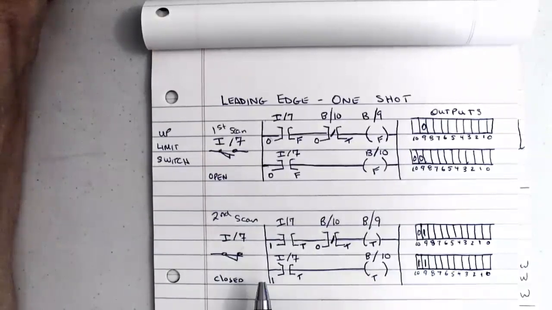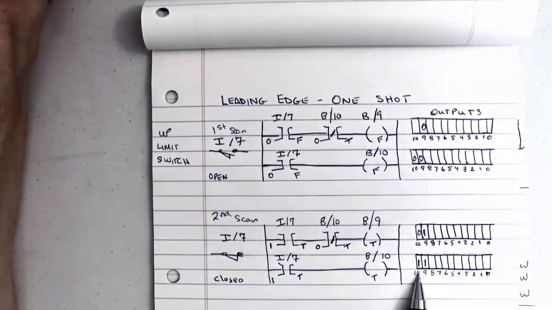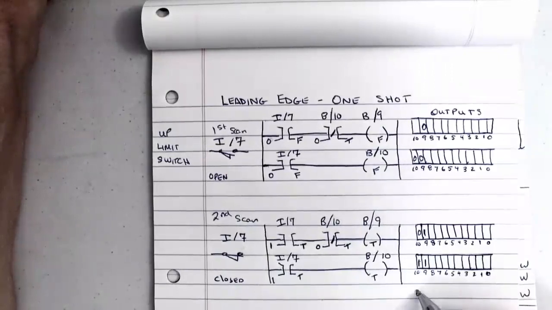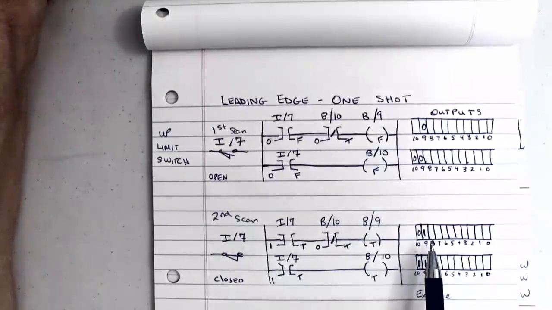So let's just see what happens. Our switch is closed, so we see a high here, which makes this true, and our B10 would also be true, and we put a high in there to show B10 is on. Now we execute. After it runs through and scans everything, it executes each one of the outputs.